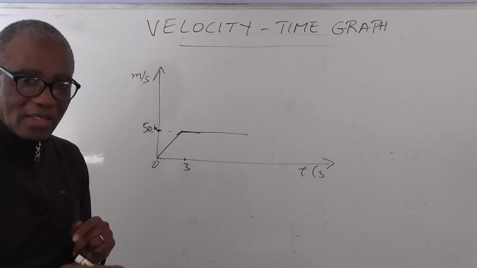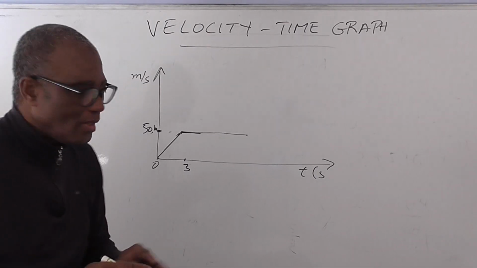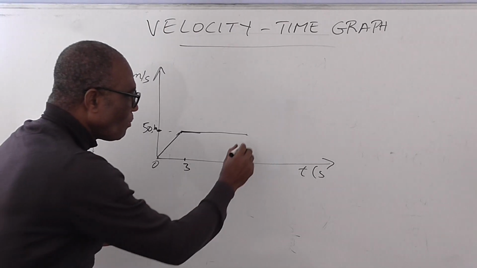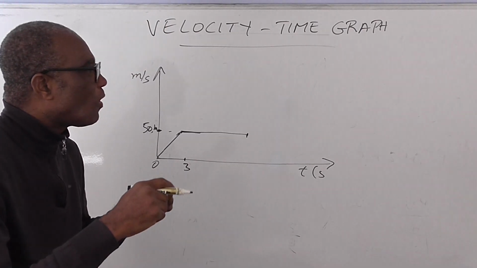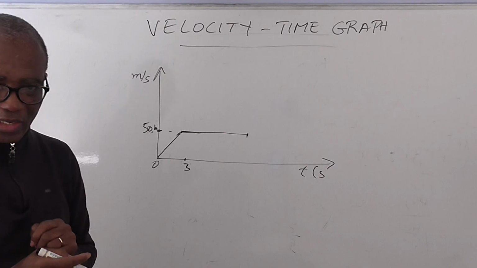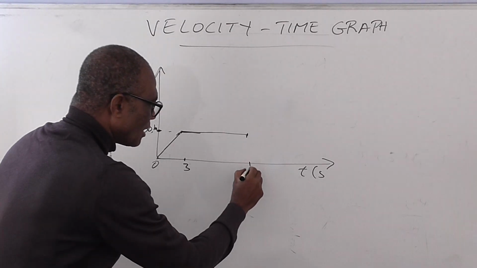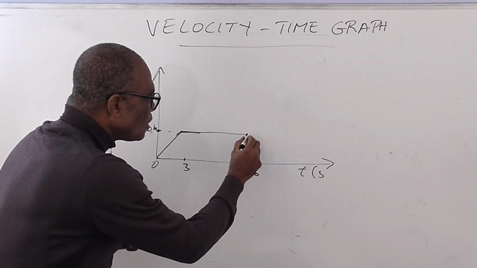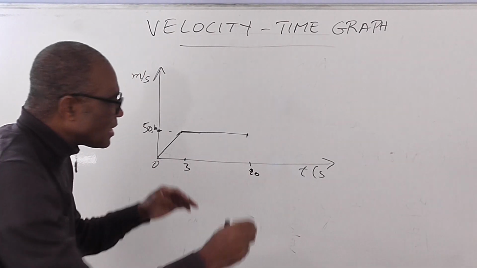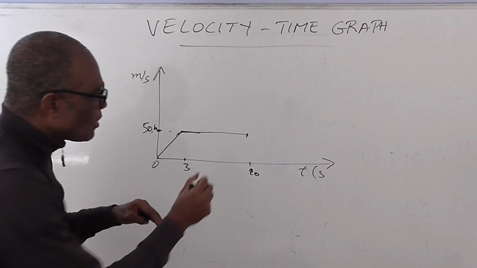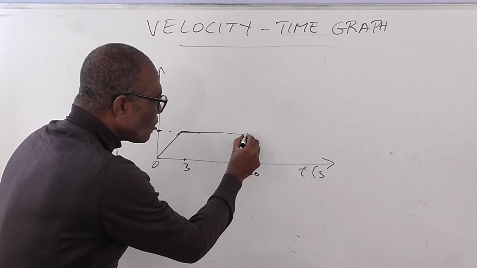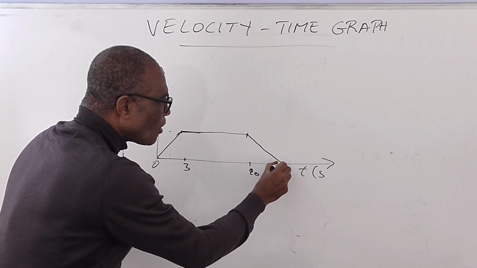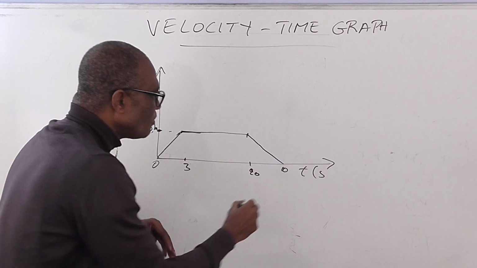And then after that it keeps that velocity for maybe 20 minutes again. And then it's going to decelerate. The velocity is going to decrease for maybe 10 minutes again.